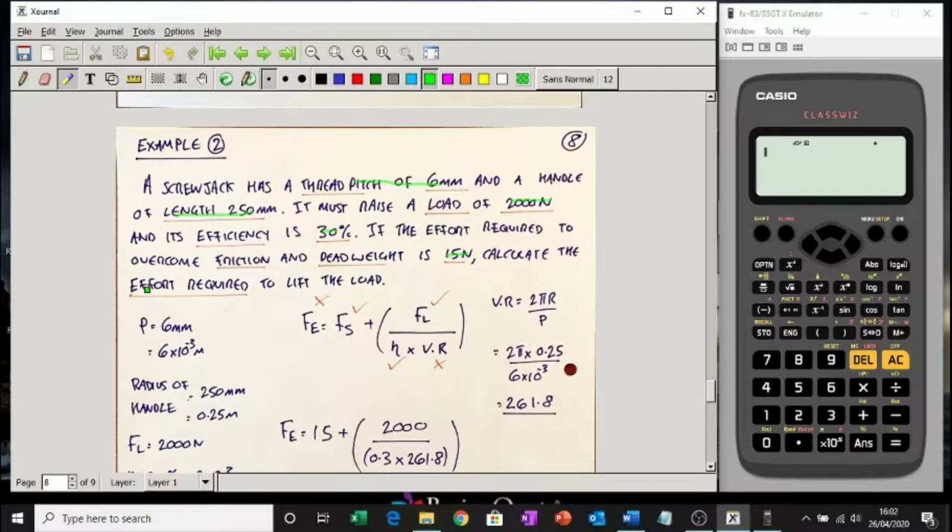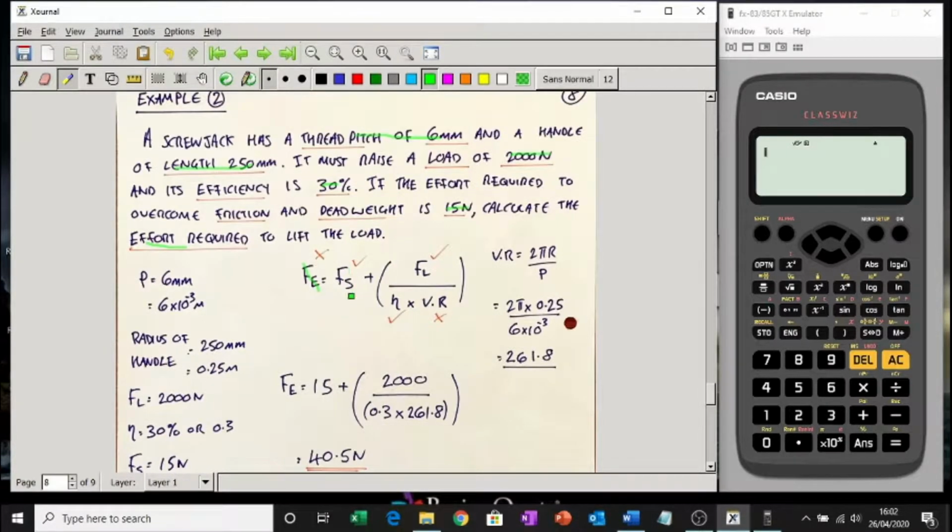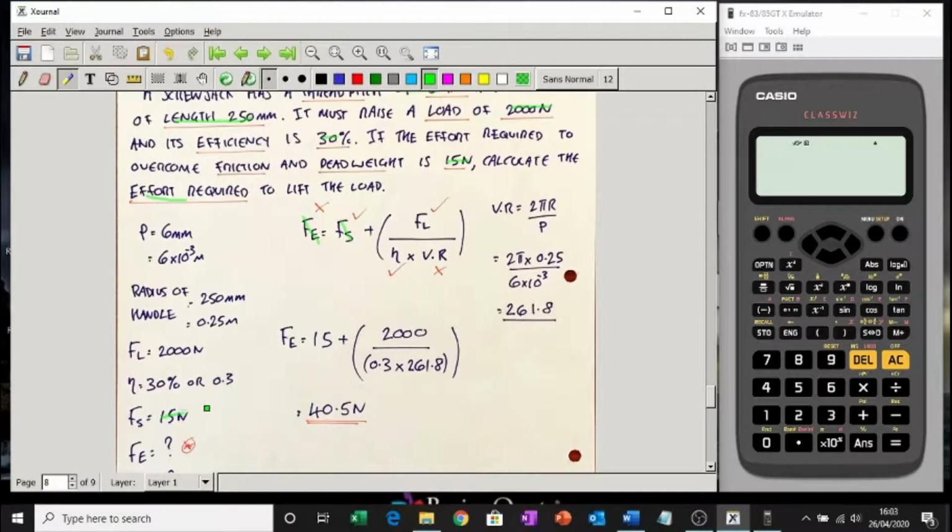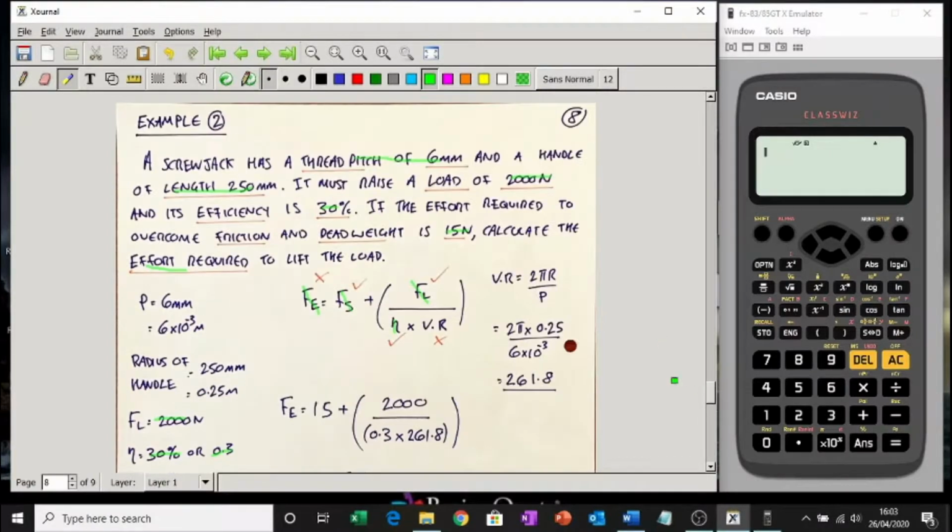So again, we need to find the effort, which is FE. Again, we know what FS is, FS is going to be 15. The load is going to be 2000. The efficiency is going to be 30%, which is 0.3. And again, we don't know the velocity ratio, but for a screw jack, velocity ratio is 2 pi r over p.